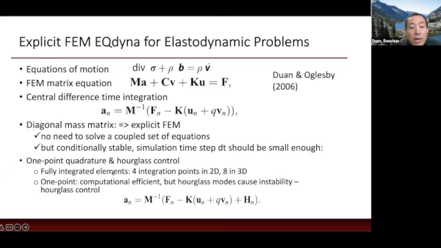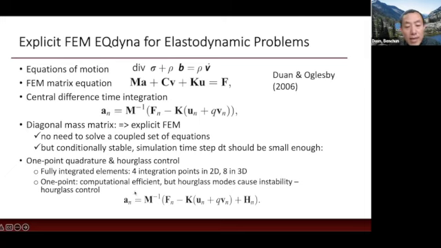This improves computational efficiency significantly, because full integration in 3D needs 8 integration points, but we just need 1 point. Associated with that, we need to deal with the so-called hourglass mode, which will cause instability. We have a method to control the hourglass mode.